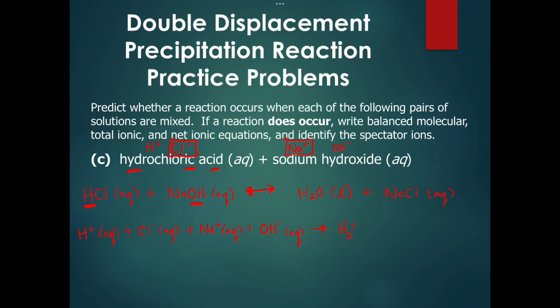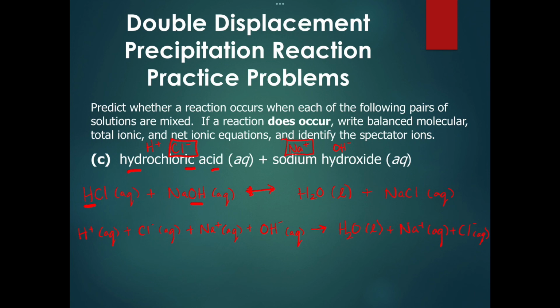Water will stay together. Never, ever, ever split up water. Remember, water is a pure liquid, so we won't split that up. We only split up things that are aqueous because those are soluble ionic compounds that dissociate into ions. So then we can split up our sodium chloride into sodium and chloride.